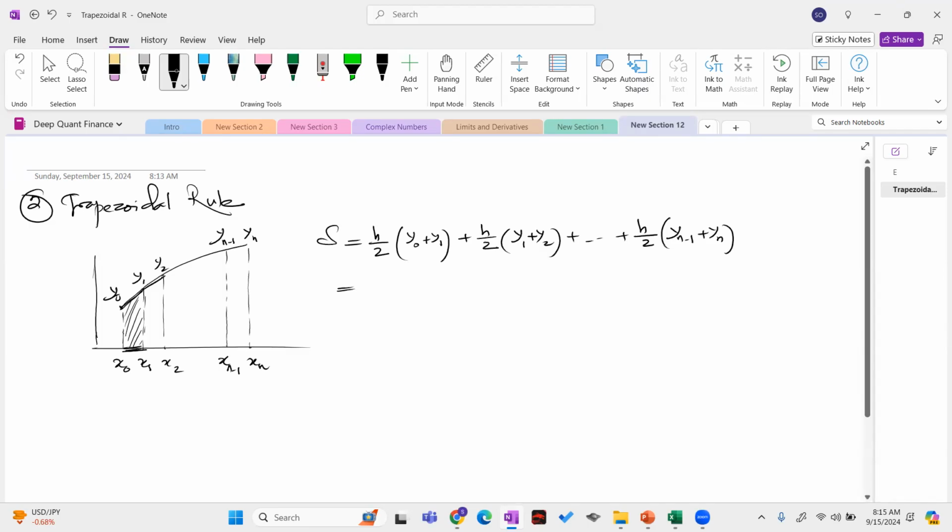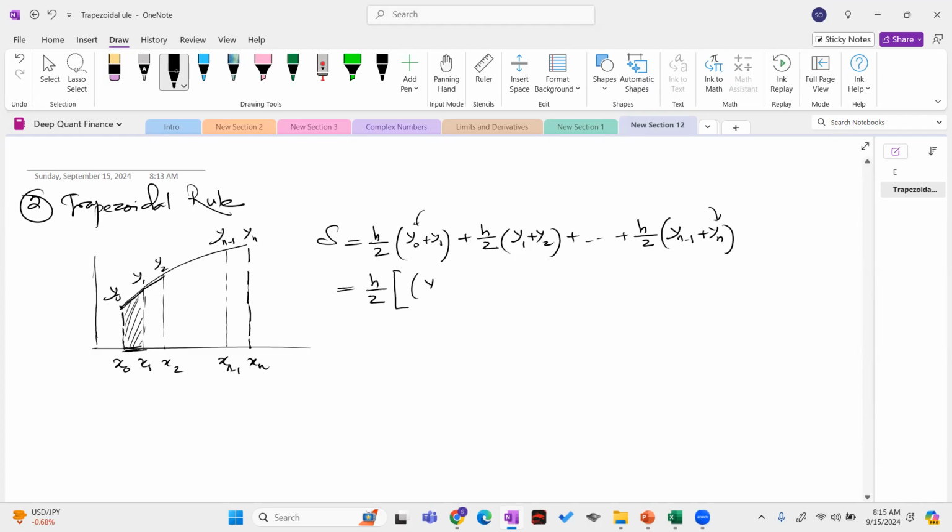Now, if you see this, you can take h by 2 common. One thing you can notice is that the first point and the last point will come only once because it is not shared. This height is not shared with anything, and this height is not shared with anything.